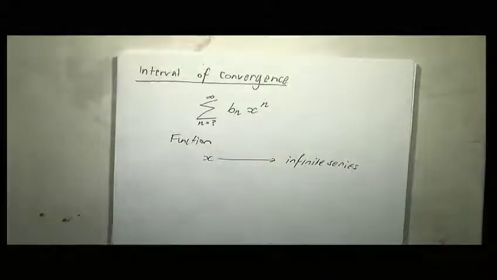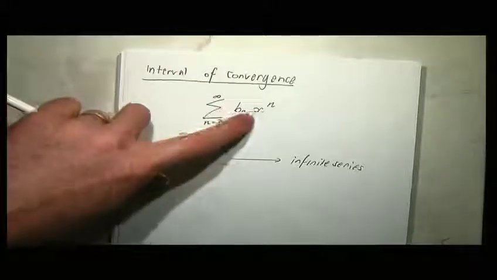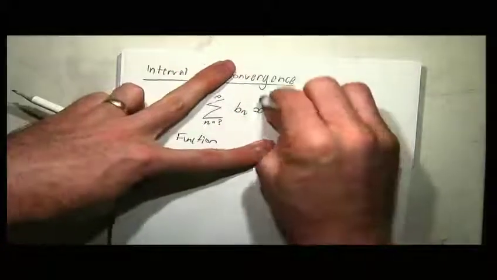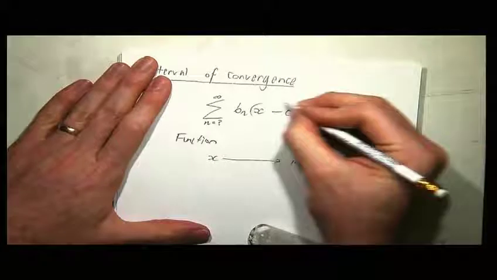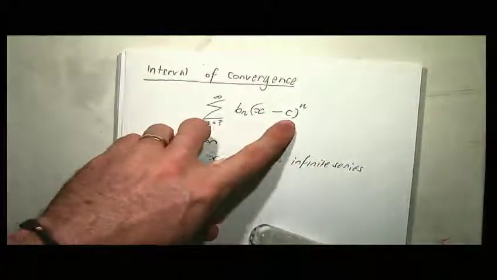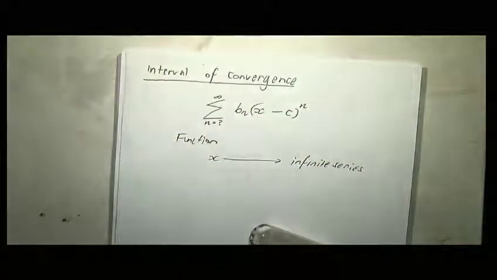Now I'm just going to rub something out here, which is the point I really want to make. It doesn't have to be b_n x to the n. It could be x minus something to the n, or plus something, if you like.